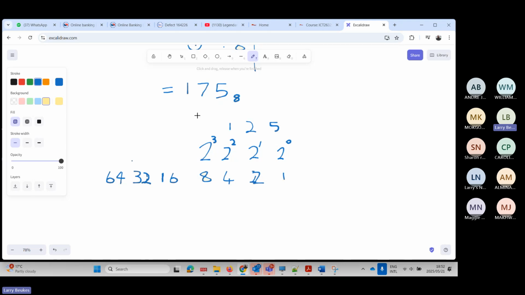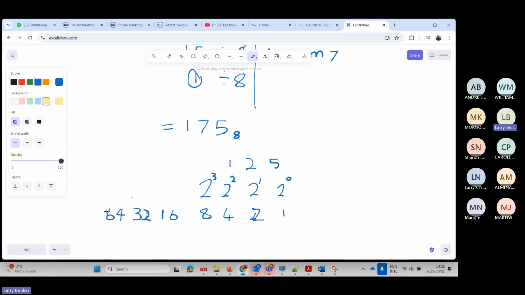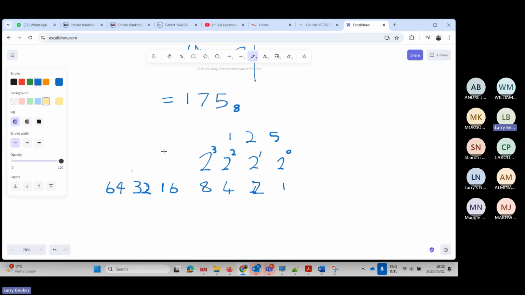So we don't need 128. So we need to get 125 from this. So this will be 2 to the power 4, 2 to the power 5, and then this will be 2 to the power 6.